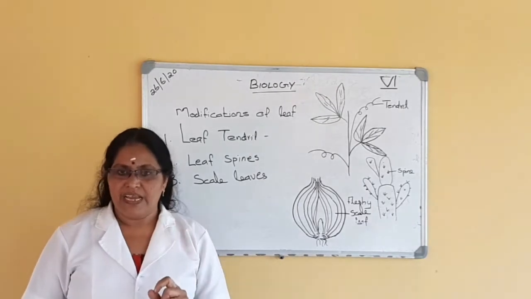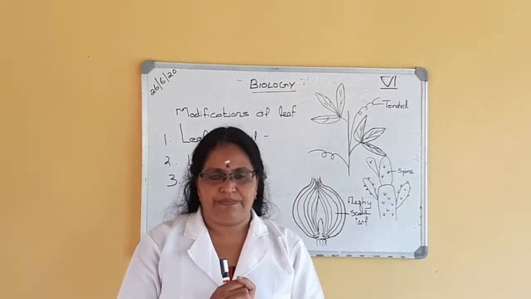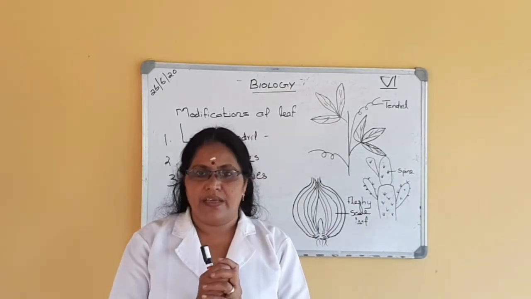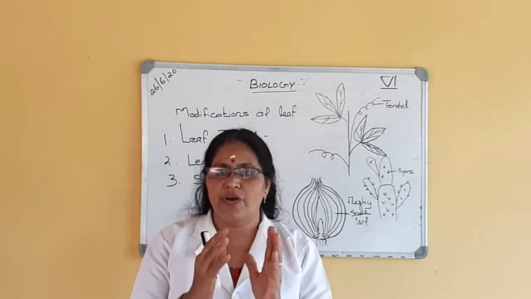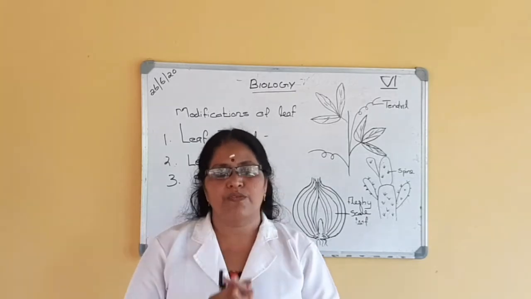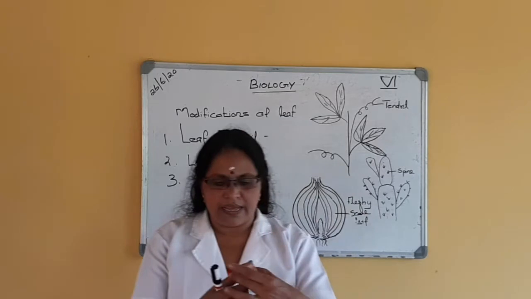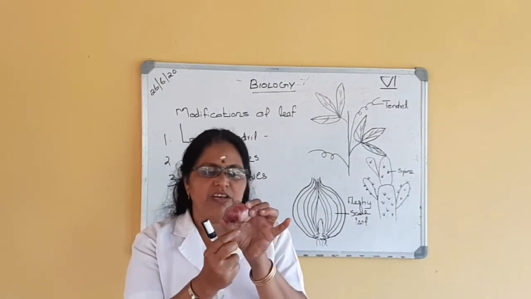Scale leaves. In some plants, the leaves become fleshy and scaly, as in onion. Onion, you know, the aerial part of the plant itself is modified. In an onion, you can see here actually this is the modified part, and here the roots are.